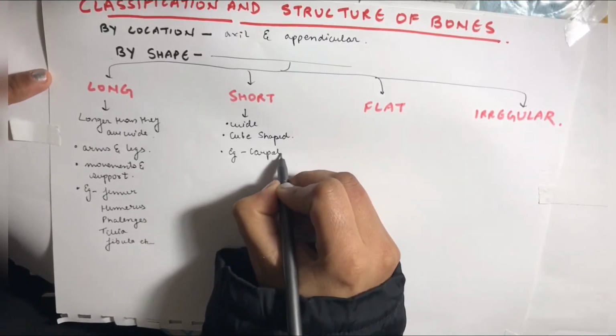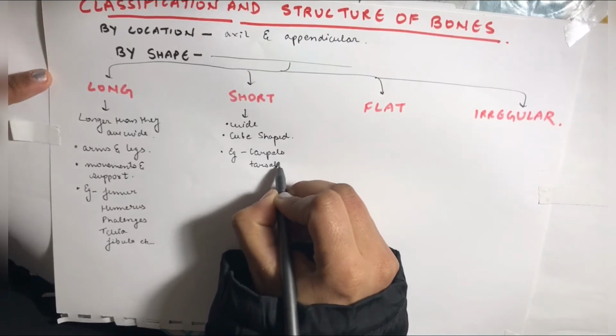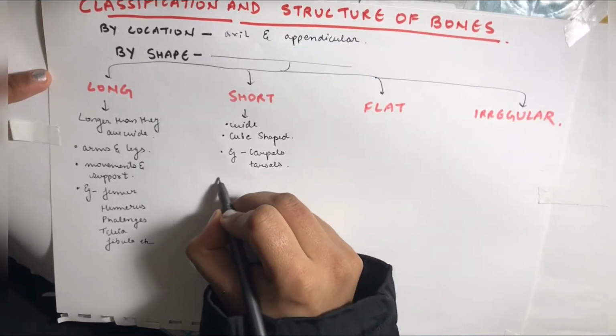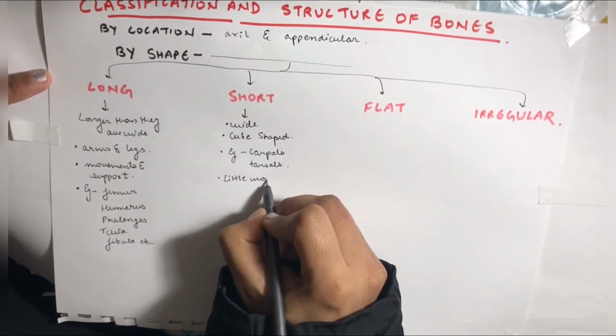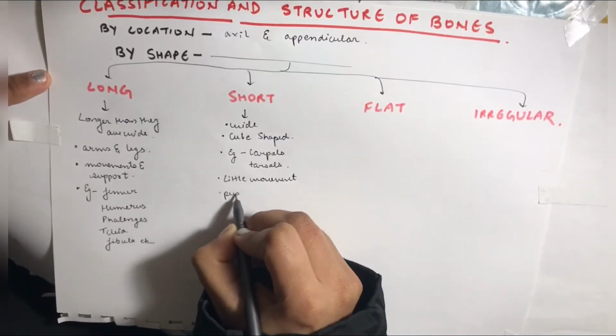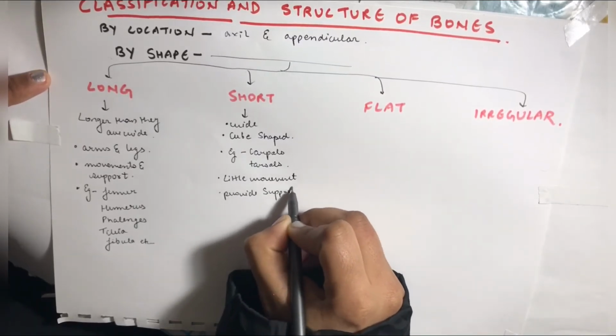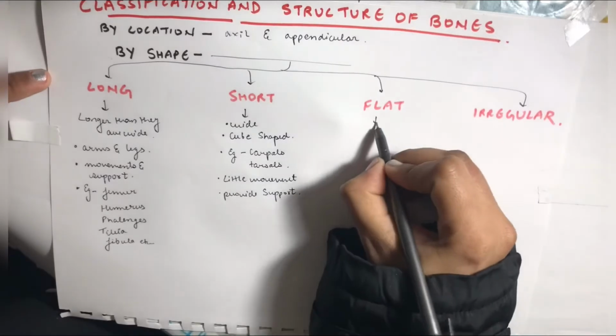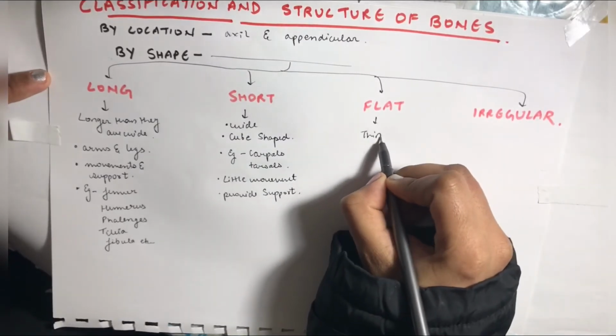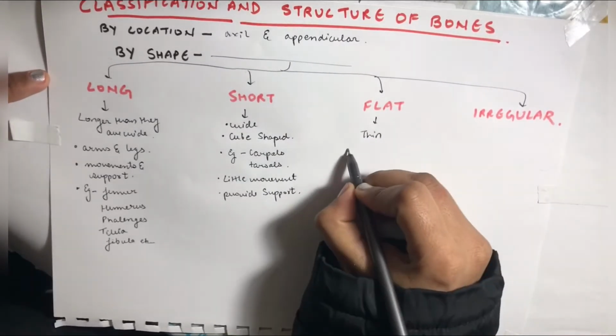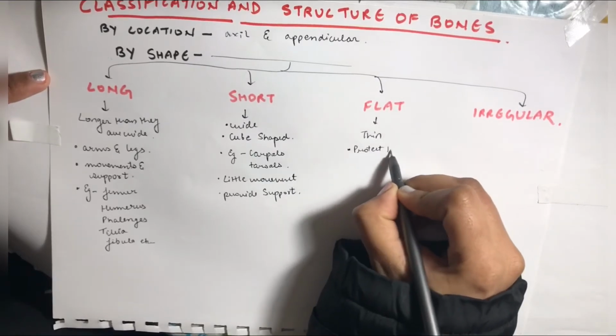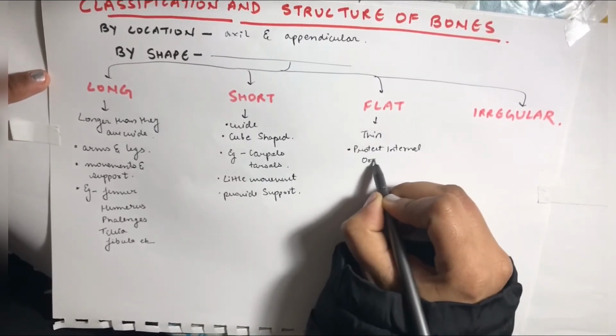They have little movement, but they provide support and stability. They do involve movement, but not as much as long bones.